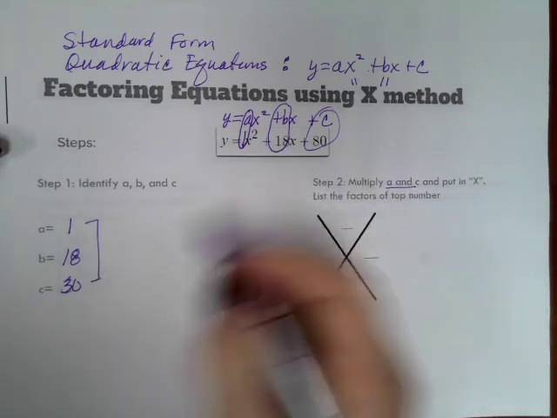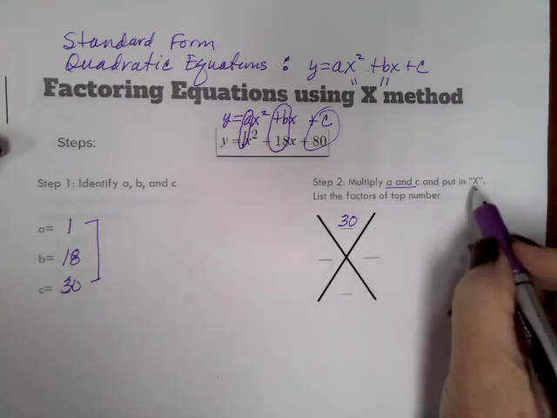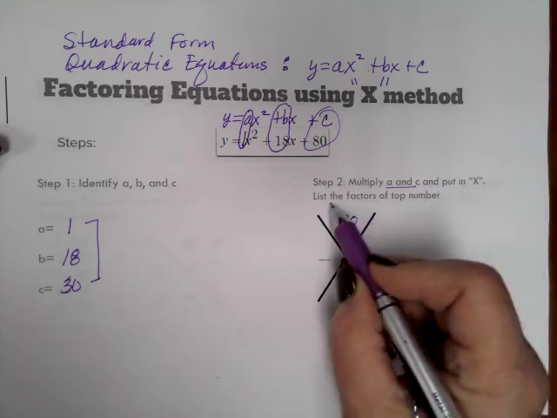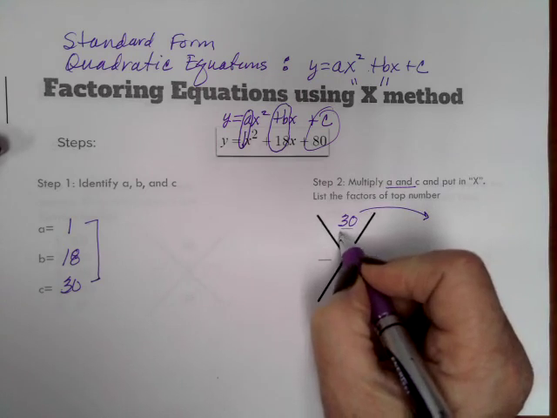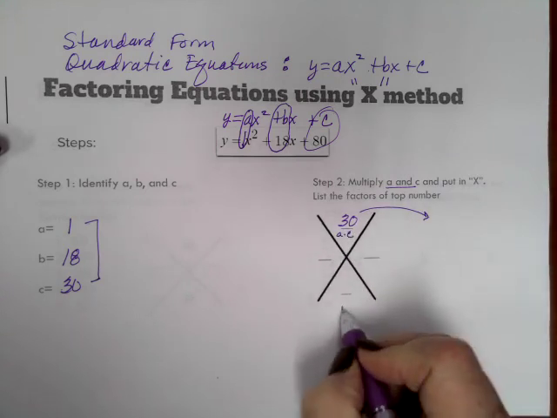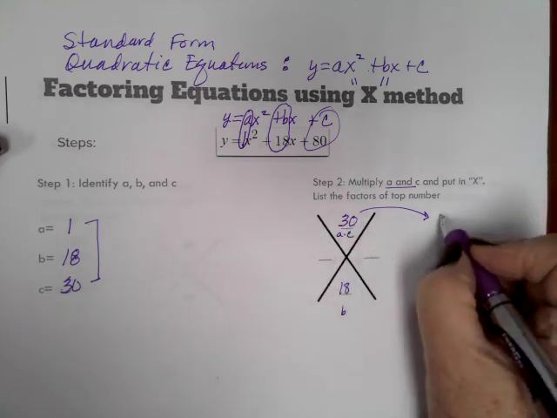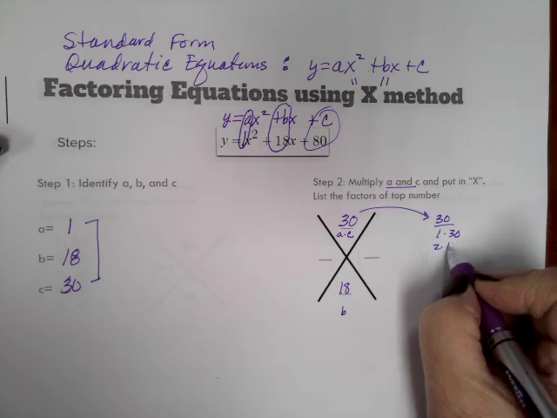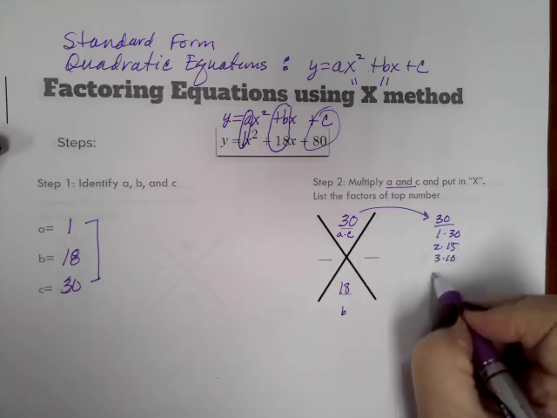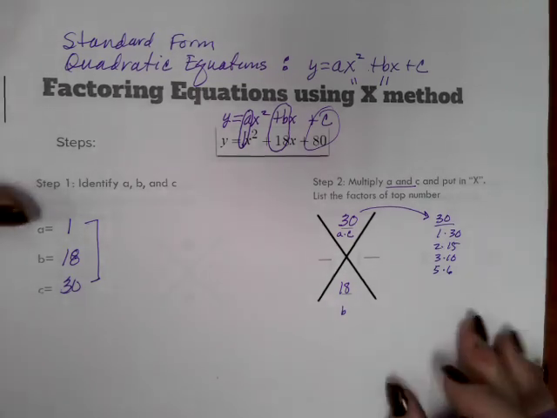Put the X, list the factors of the top number. This is a times c, if you want to write yourself a note there. This is b. Our b is going to be 18, but we're going to use 80 to list the factors.